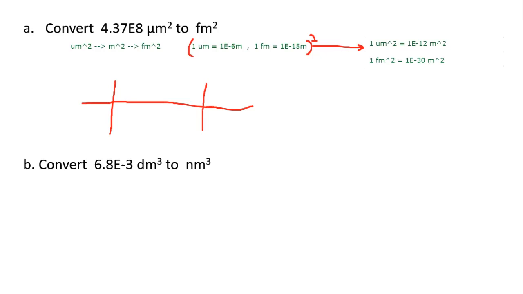And so first we're starting with micrometers. Since we're starting with micrometers squared, in the conversion for micrometer squared to meter squared, micrometer squared goes on the bottom. Meter squared goes on top.